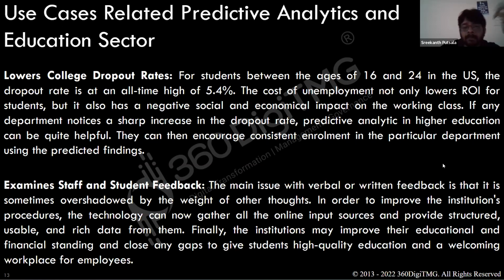These are certain things we can learn by using a survey. So we are going to create a survey so the institutions may improve their educational and financial standing, and they can close any gaps to give students high quality education, right? So the feedback plays an important role. The feedback from staff and students that we are taking may help a lot in improving the institution.